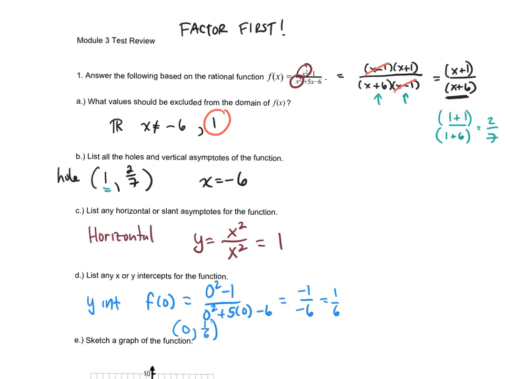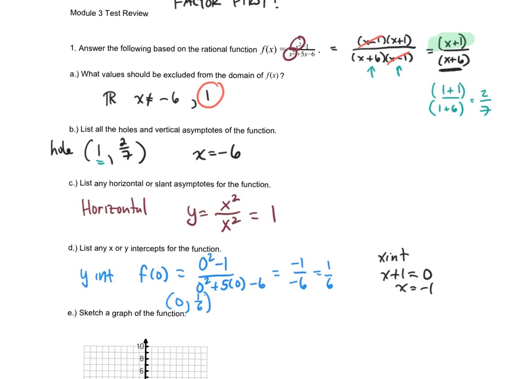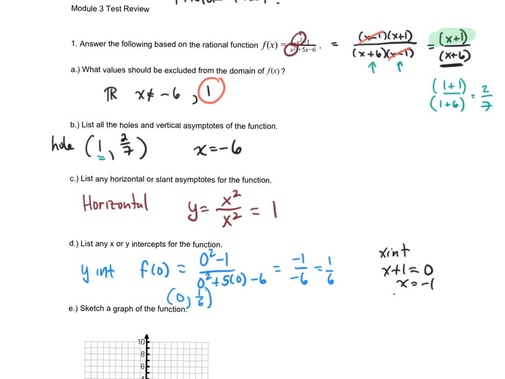My x-intercept, recall, is whatever is going to make the top 0 in lowest terms. So if you look at that factor that's still on the top, it is x plus 1. So for my x-intercept, I'm going to take x plus 1 equal to 0, which is going to make x equal to negative 1. So my x-intercept is going to be negative 1, 0.